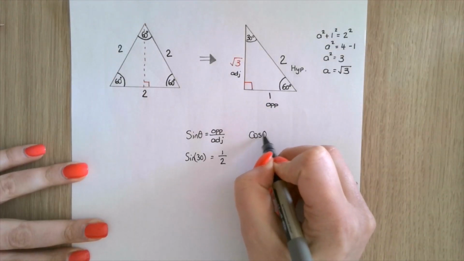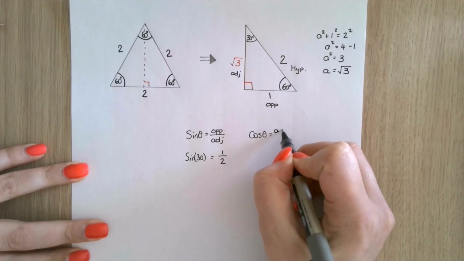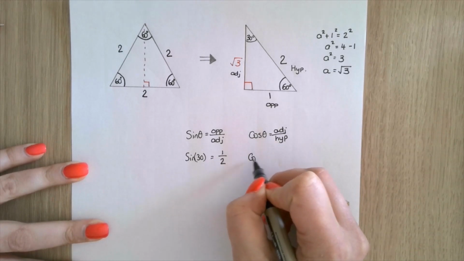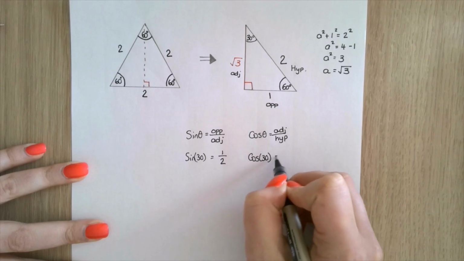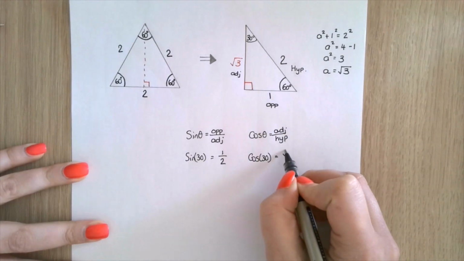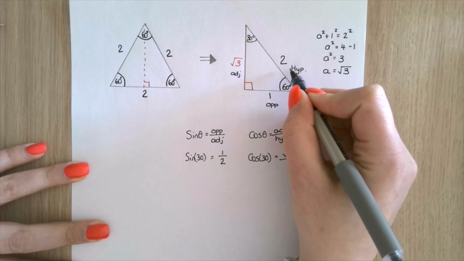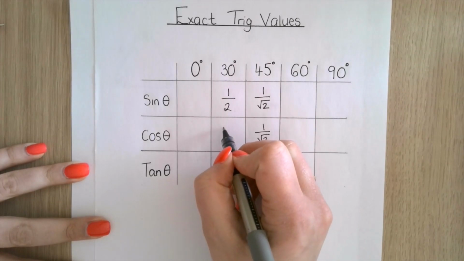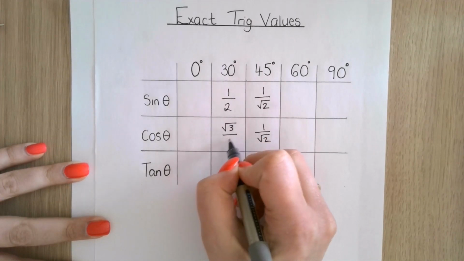Cos theta is my adjacent over hypotenuse, so cos 30 is the adjacent, which is root 3, over the hypotenuse, which is 2. So cos 30 is root 3 over 2.